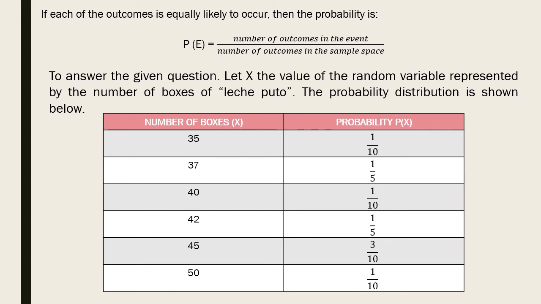And then, 37, yung number of boxes natin, ang probability nun ay 2 over 10 or 1 over 5. Sa 40, ang probability niya ay 1 out of 10 outcomes. 42, that's 2 over 10 or 2 out of 10 outcomes or 1 over 5. Sa 45, 3 over 10. Sa 50, 1 over 10.